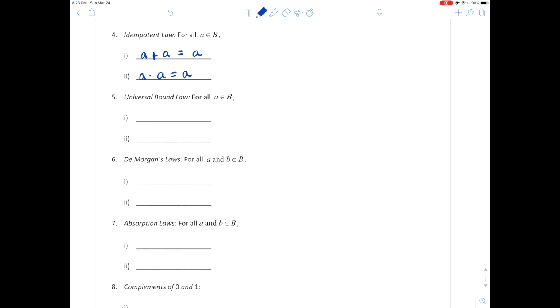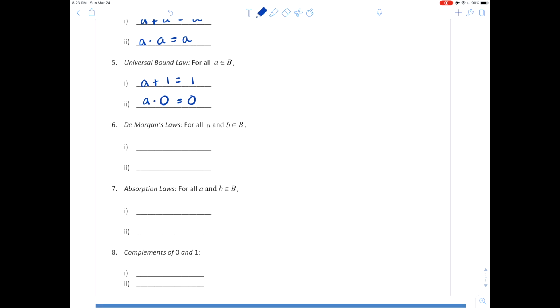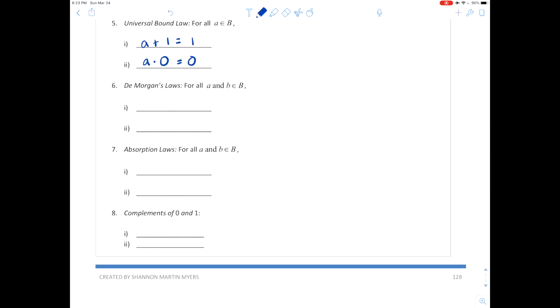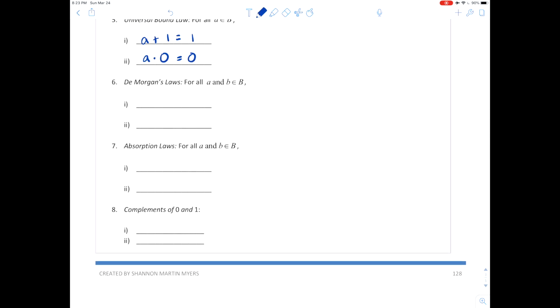Universal bound laws for all A in B: if you have A or 1, you're going to get 1. If you've got A and 0, you're going to get 0. And remember, 1's like a tautology, 0's like a contradiction. In set notation, you could think of the universal set as your 1, and the empty set, or null set, as your 0.